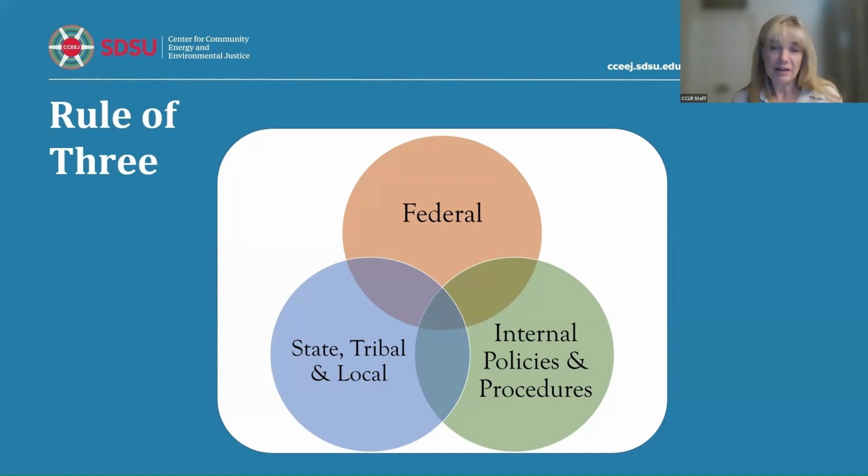So if you don't have federal funding, then you should still be looking at the two bottom circles. And if it's your own, say, general obligation funds, then you should, at a minimum, be following your own internal policies and procedures, okay?